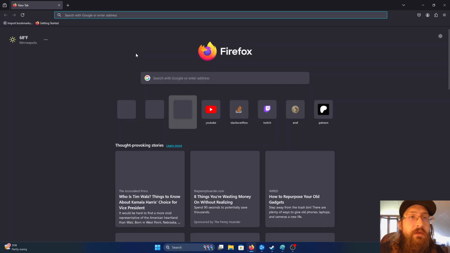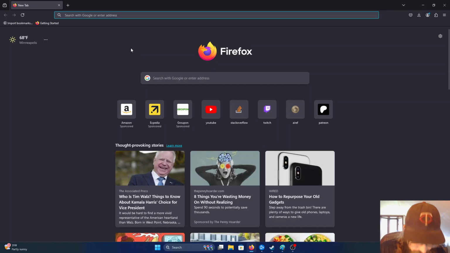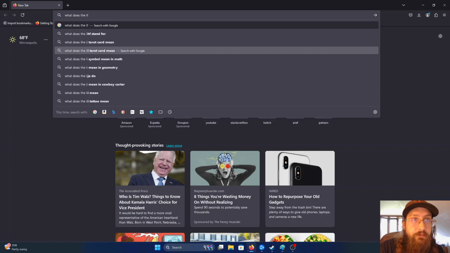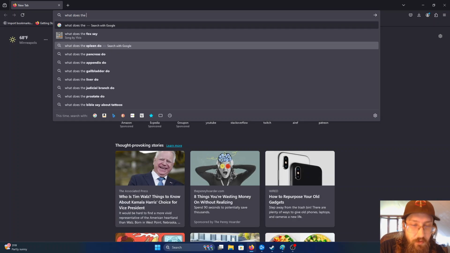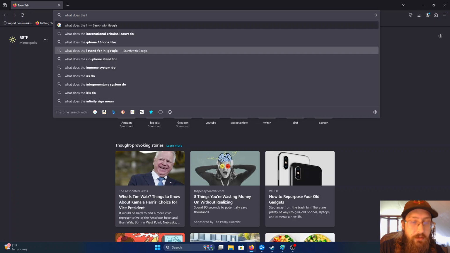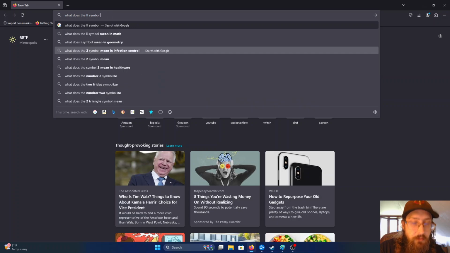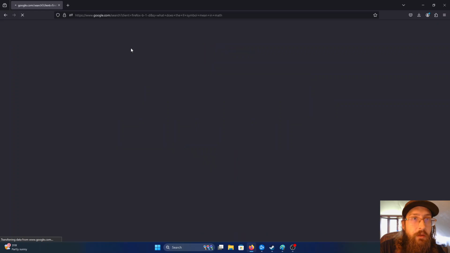Alright, I'm going to do some research here. I do not know what this symbol means. What does the... How do I even ask this question, right? What does the double I symbol mean in math?